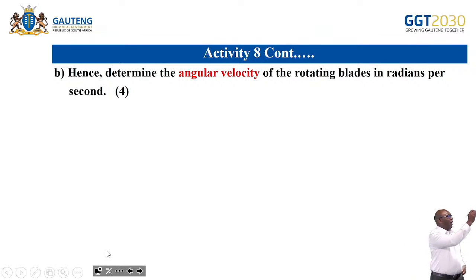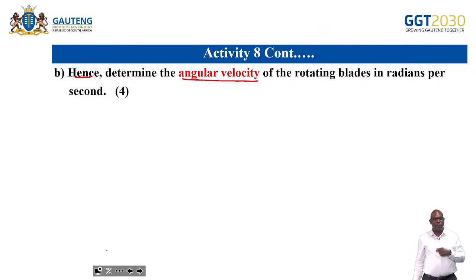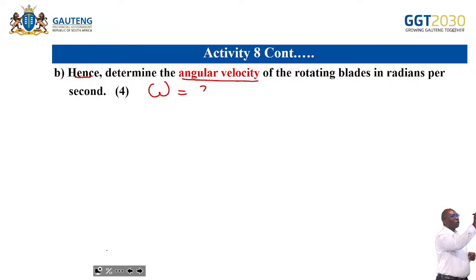hence, you see the word hence now means that use what you got in the previous question to do that. So it says the angular velocity. Now you see I'm going to have a challenge here. What challenge am I going to have? To get the angular velocity, if you look at the formula for the angular velocity, it's omega equals 2 pi n.